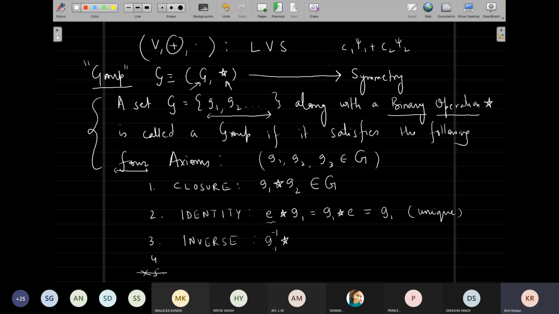So there exists another element mandatorily, this element G1 inverse, which will give the result identity. Very good. Identity. And this inverse is also unique. Similar properties we were seeing in the case of vector addition. And then associativity.